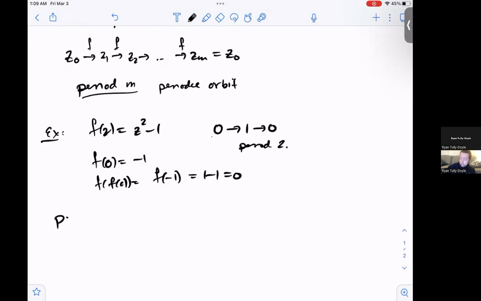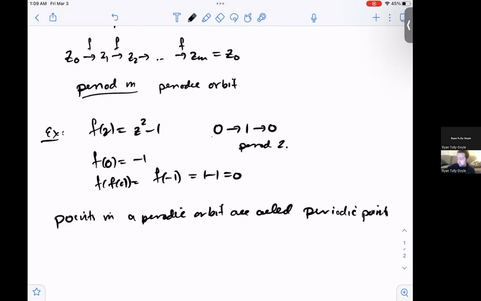Points in a periodic orbit are called, perhaps unsurprisingly, periodic points, of period m for f.